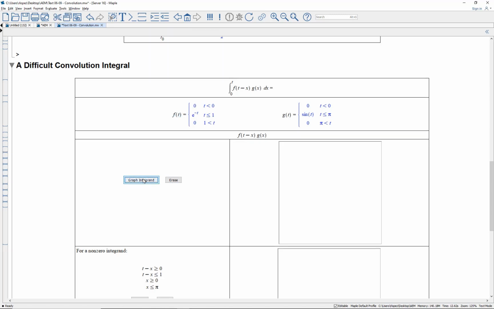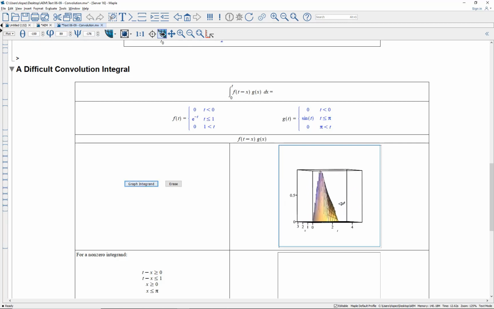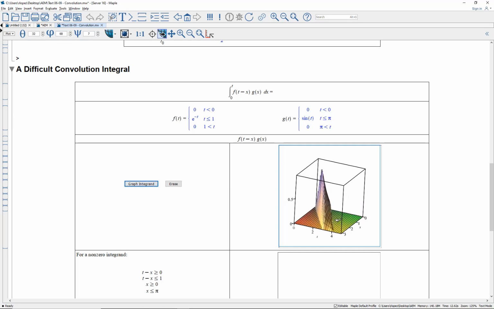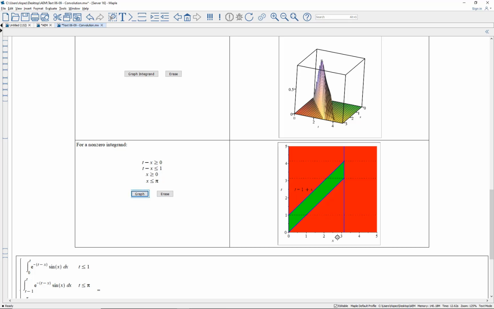If you graph this integrand, the product of these two functions, you see that there is a definite bounded domain over which this integrand is non-zero. In fact, there's a better graph of the region. This is the xt plane. This is the line x equals t. This is the line x equals t minus 1.